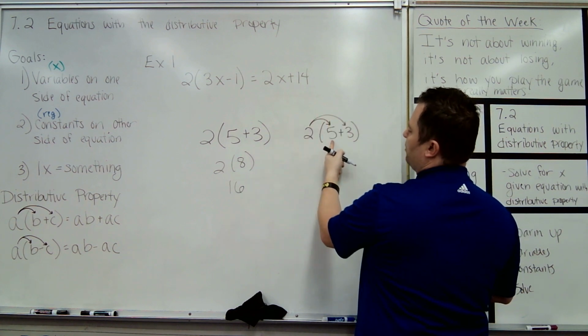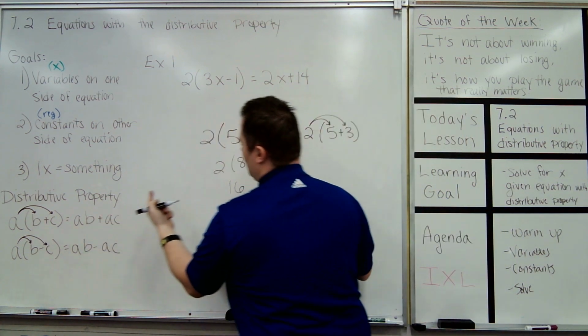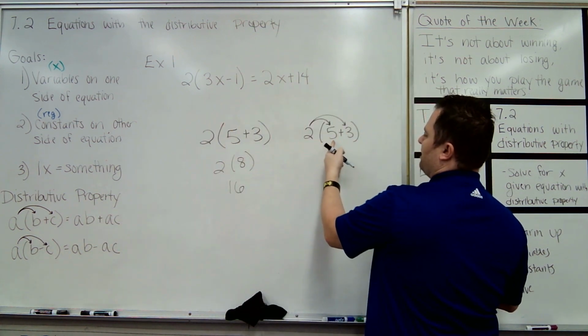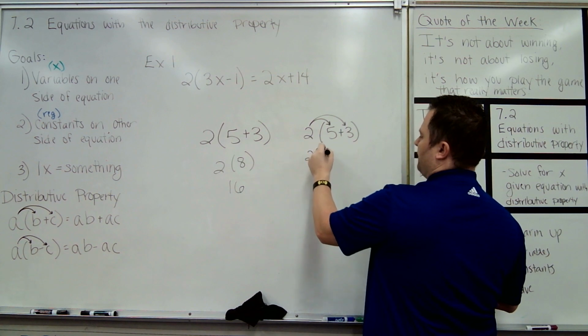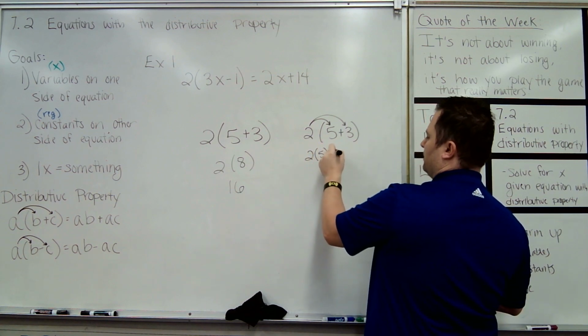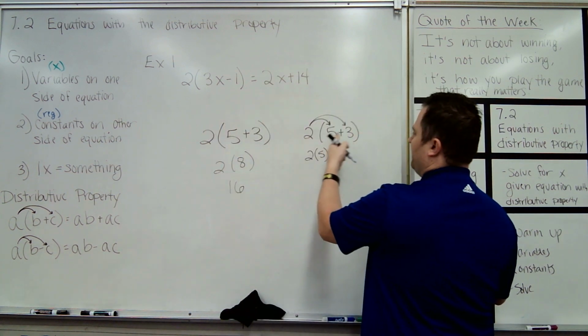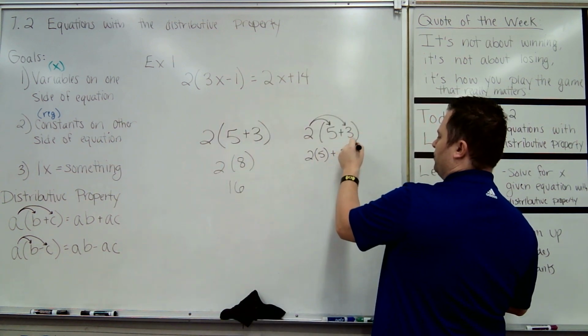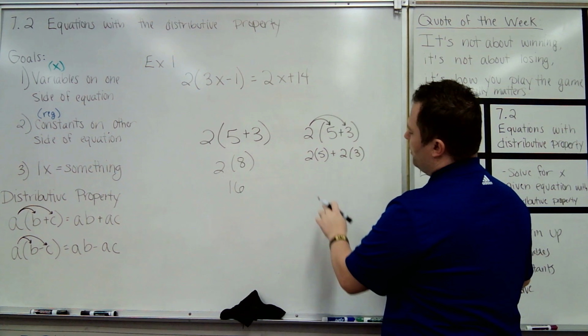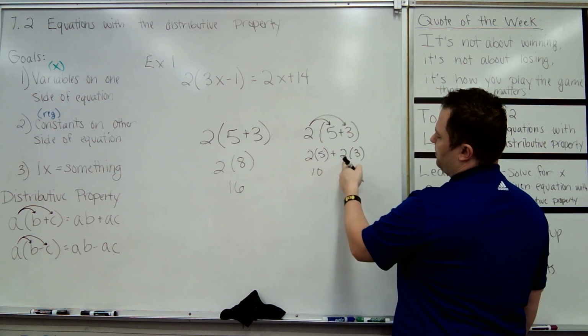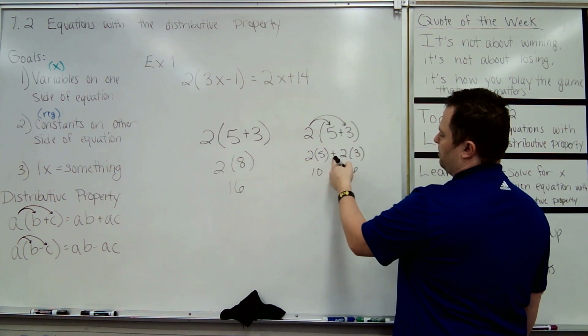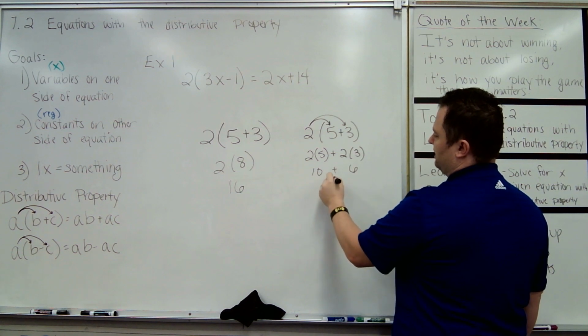I'm taking the 2 and multiplying it by the 5, which is A times B, plus A times C, 2 times 3. 2 times 5 is 10, 2 times 3 is 6, and they're being added together. 10 plus 6 is 16.